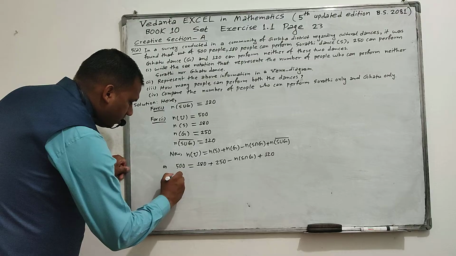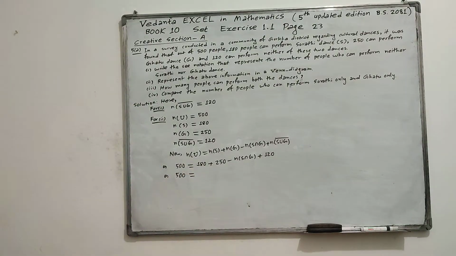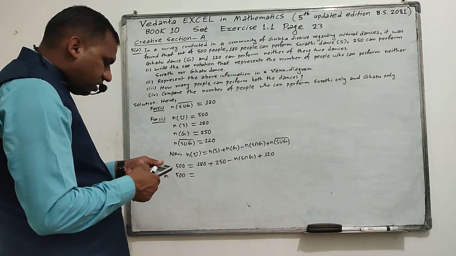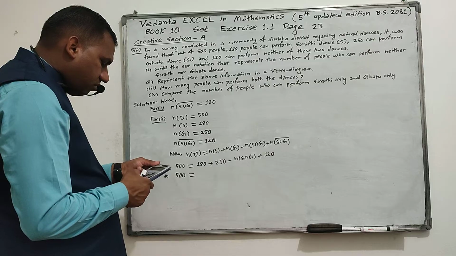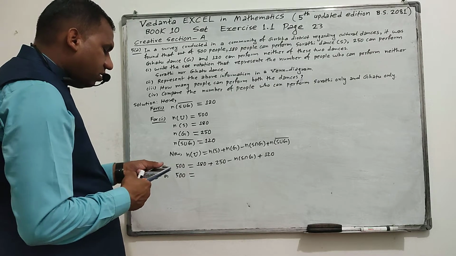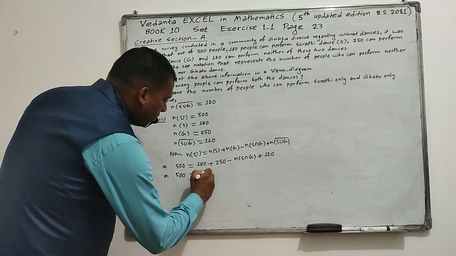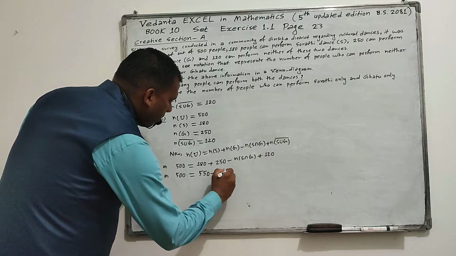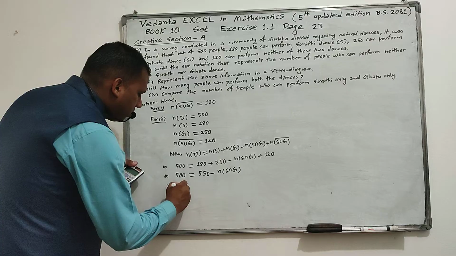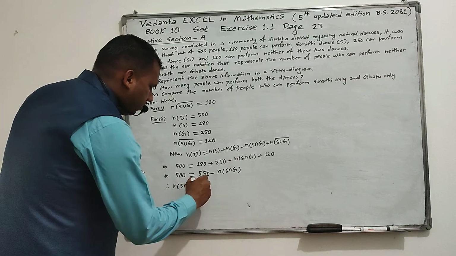Let us use a calculator: 180 plus 250 plus 120, that is 550, minus number of S intersection G. Therefore, number of S intersection G equal to 550 minus 500, that is 50.